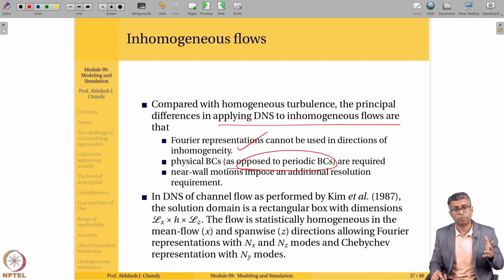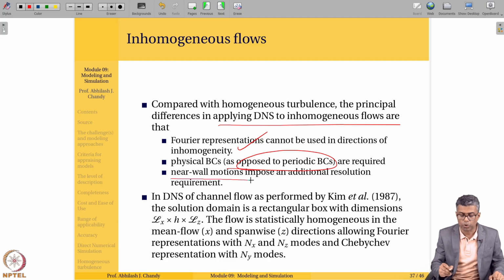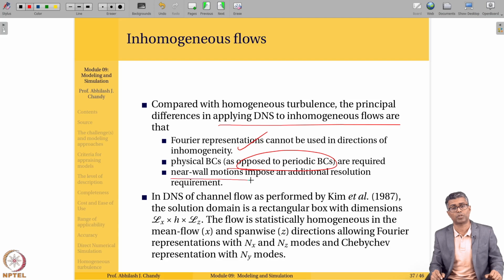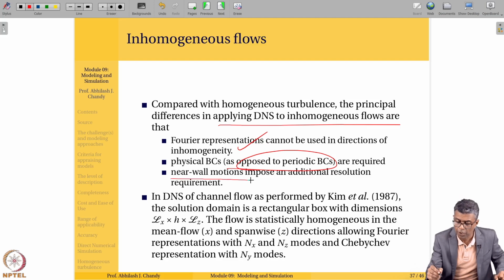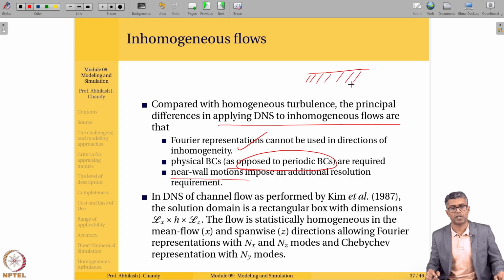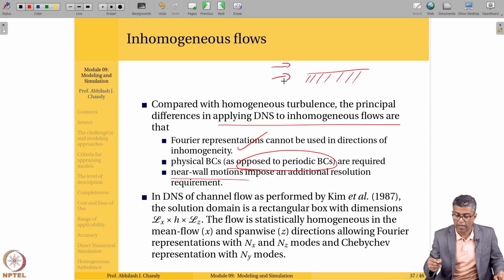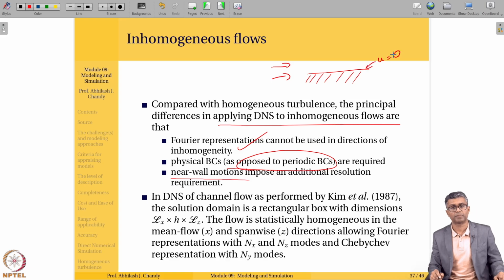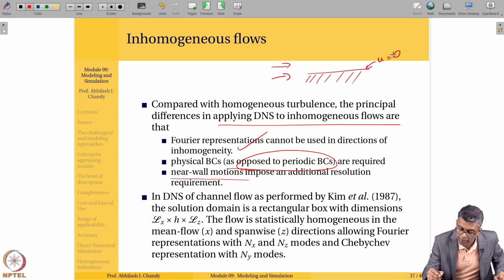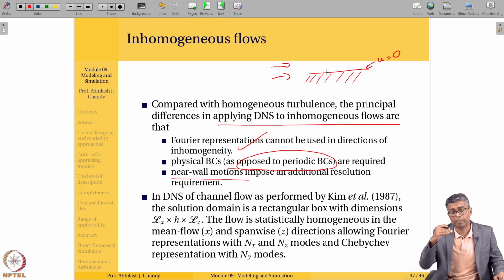And then the third point is that near wall motions impose additional resolution requirements. What am I talking about here? Take even just flow over a flat plate. I have the no slip boundary condition, so U is equal to 0 here, which means the layer right above the wall has a finite velocity.